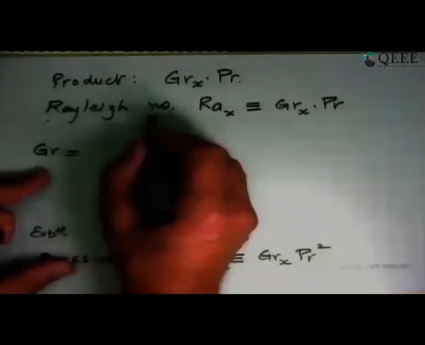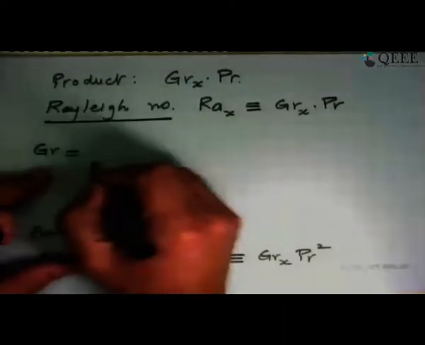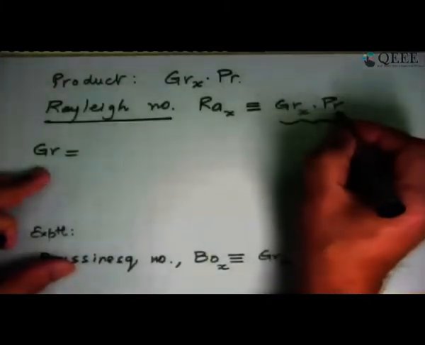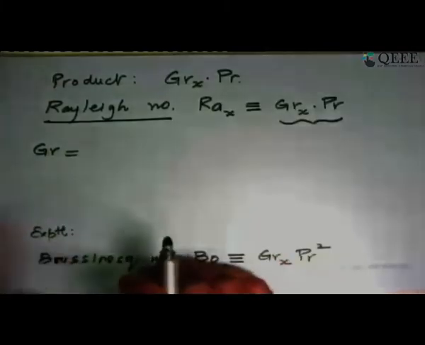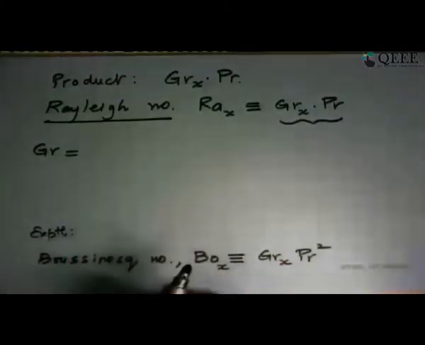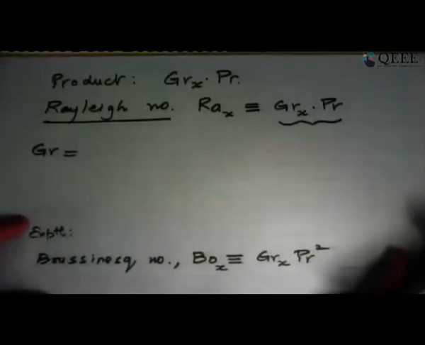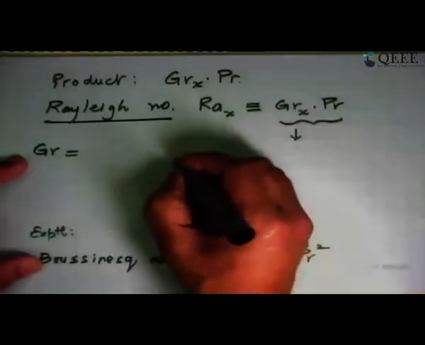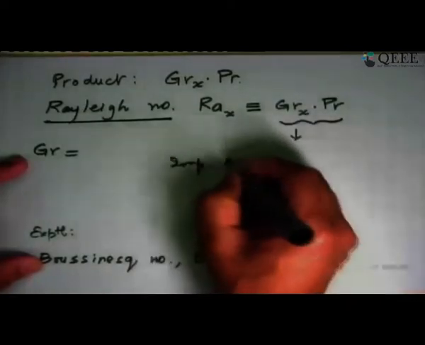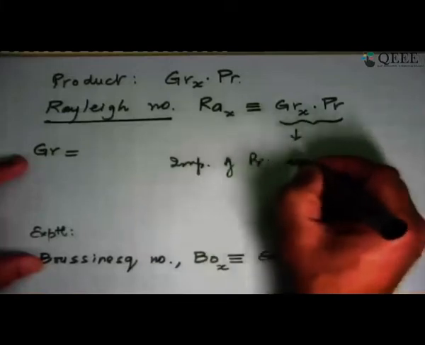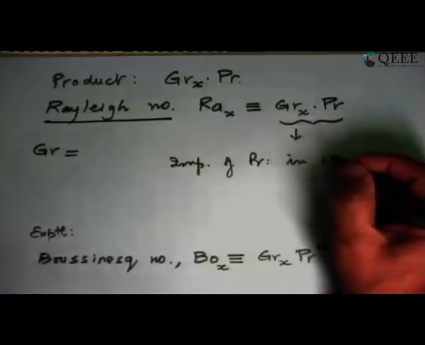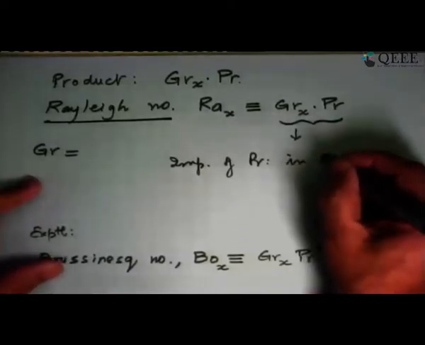And so we have defined a new number, which is the Rayleigh number, RAX, as the product of Grashof number into Prandtl number. Okay, so that's what we get. Actually, what we are doing is trying to capture the importance of Prandtl number in that equation, in the momentum equation or the energy equation, if you want to look at it, and in some sense in the solution.